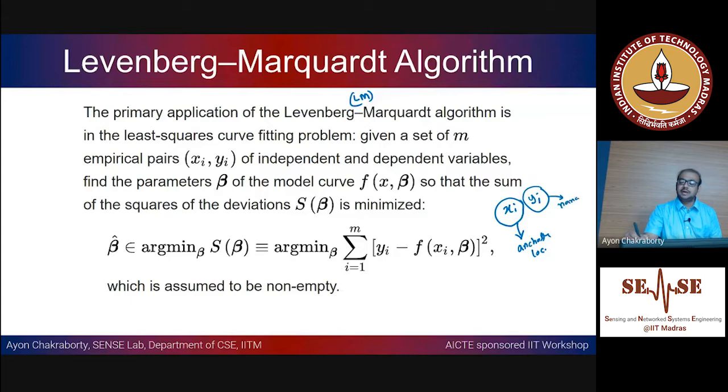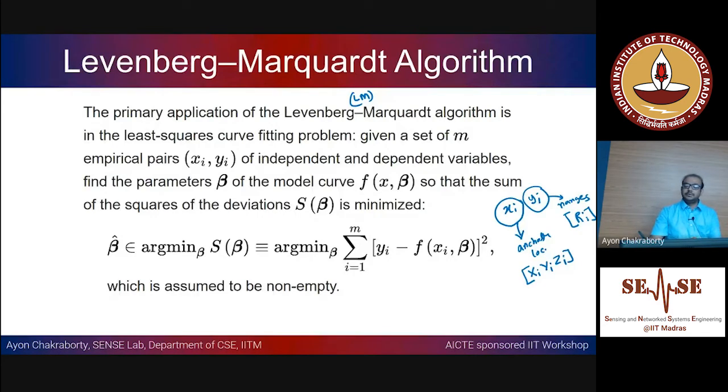It does not restrict the dimensionality of x_i or y_i. x_i could be multidimensional, 3-dimensional or 2-dimensional, whatever our system is. So x_i for us could be something like capital X_i, capital Y_i, capital Z_i, and this y_i would be some kind of R_i.